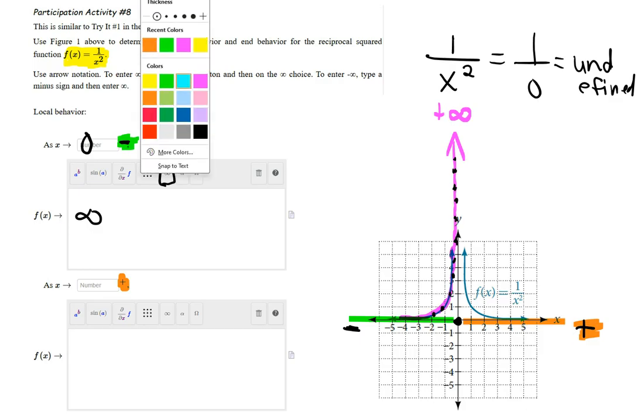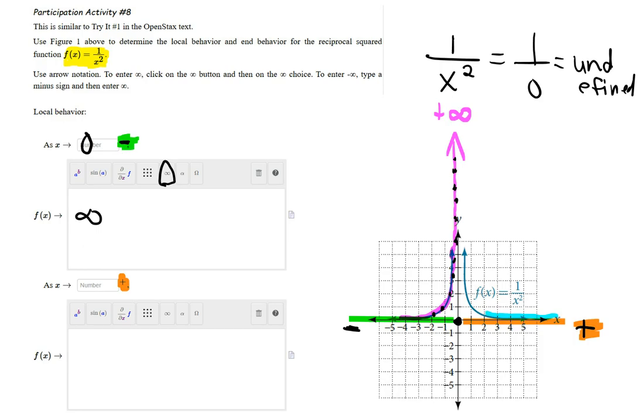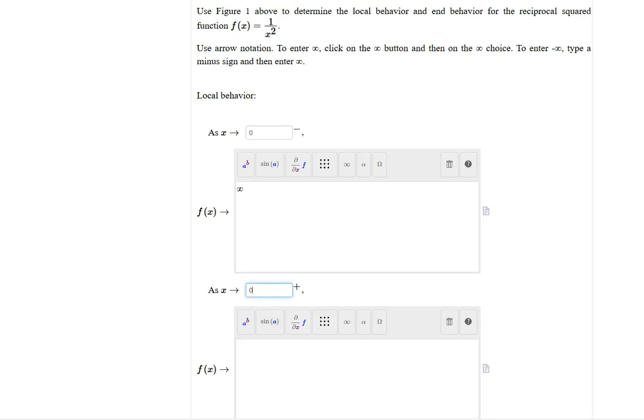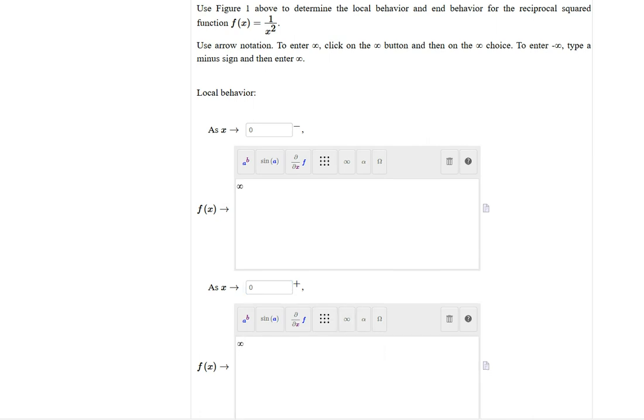From this side, the graph is, again, turning and running along the y-axis, and it just keeps going up and up. It, too, is heading towards positive infinity. So I would need to put a 0 here and positive infinity in that box. Let me jump back and take care of that. Once again, we're going to positive infinity.